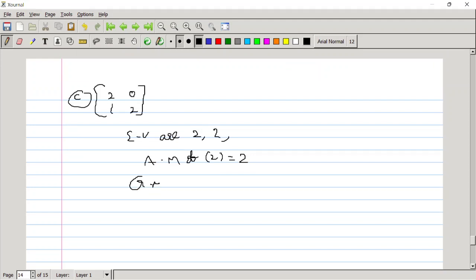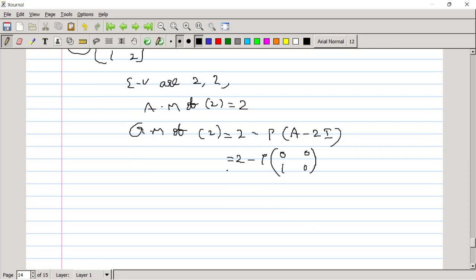Geometric multiplicity of 2 is order minus rank of A minus 2I, that is 2 minus rank of the matrix 0 0, 1 0. The rank of this matrix is 1. So this is equal to 1, which is not equal to the algebraic multiplicity. So this matrix is also not diagonalizable.